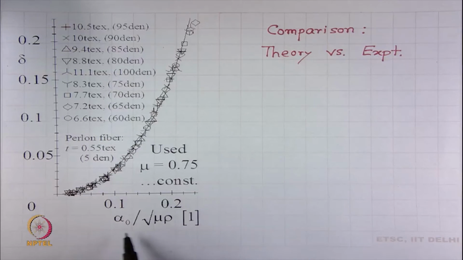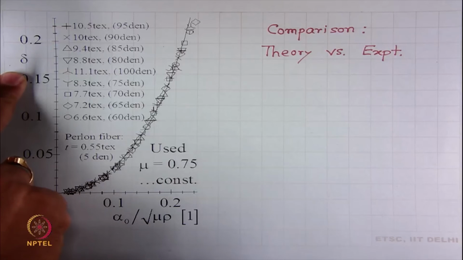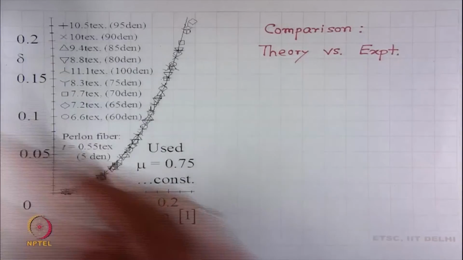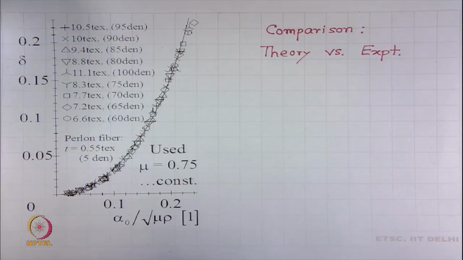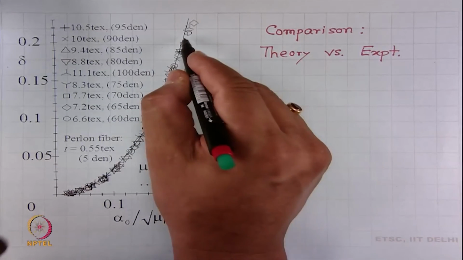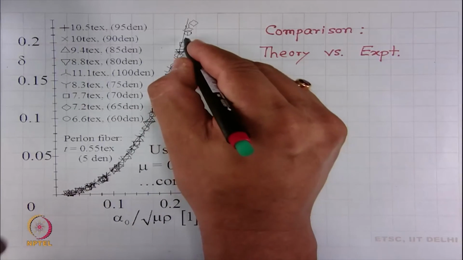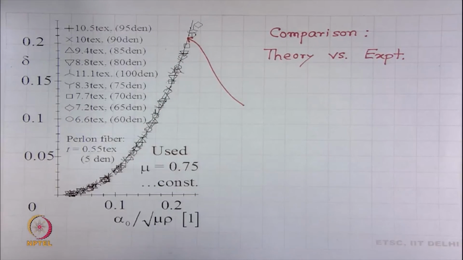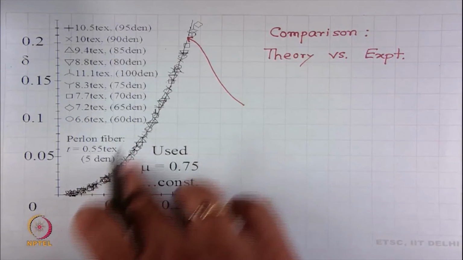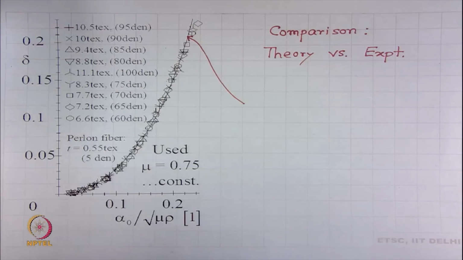Along the x axis, alpha naught divided by square root of mu into rho is plotted, along the y axis retraction is plotted, and all these points are the experimental results for different yarns. And this line, you see there is a continuous thin line going on, that is coming from theory.